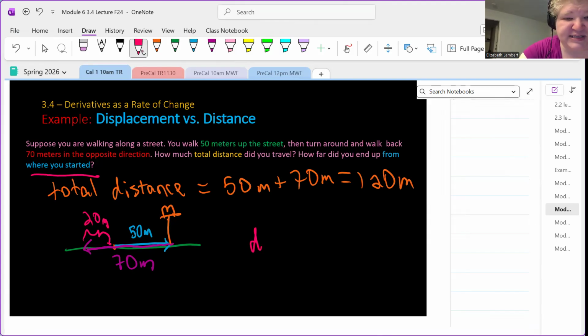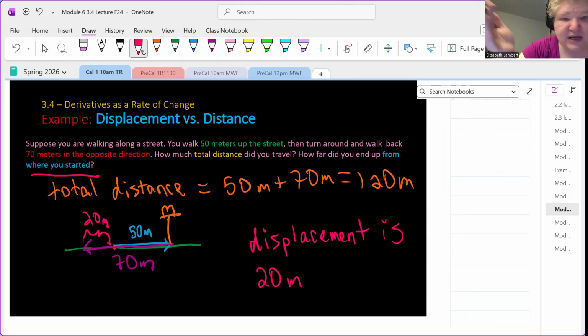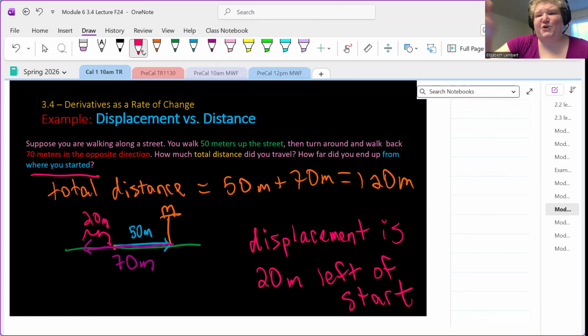So my displacement is 20 meters. In our picture, we would say left of start, I guess. But it all depends on how you orient the picture.